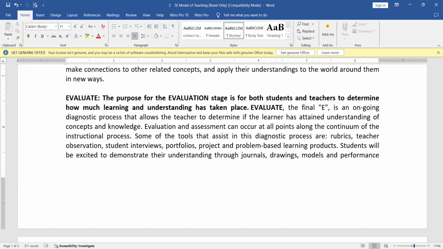Come to an assessment whether they have learned it or not. Okay? By asking a few questions, by looking at what they are doing, by watching how they are presenting, you assess whether they have learned what they are supposed to learn. It happens all throughout the lesson, not only at the end of the lesson. That's about the evaluation.